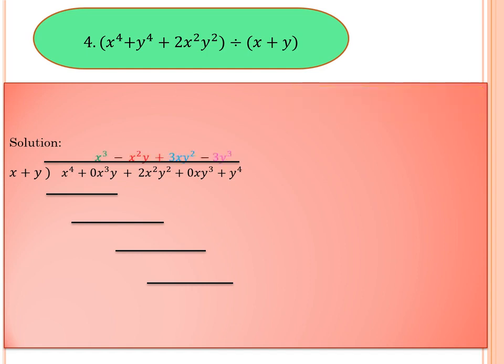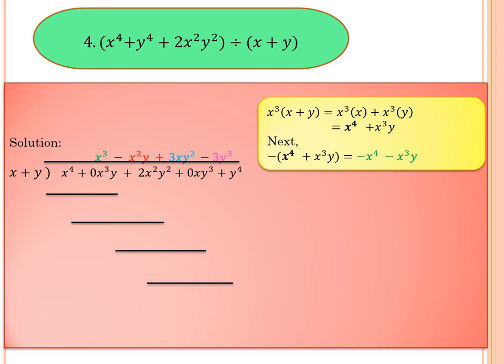Yan siya, yung kulay green. Ang next dito is, i-multiply natin yan or distribute natin yan si x cubed doon sa divisor natin. Bawat term, okay? So, we have this one. X cubed times x plus y is just equal to x to the power of 4 plus x cubed y.